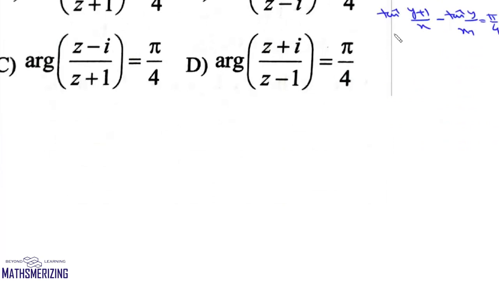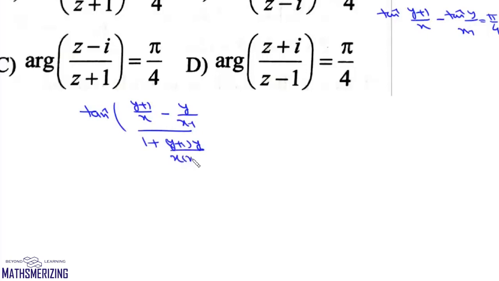Now we'll use tan inverse A minus tan inverse B. We can write tan inverse of [(y plus 1) upon x minus y upon (x minus 1)] upon [1 plus (y plus 1) y upon x into (x minus 1)], and it is pi by 4. Now we'll take tan inverse to the right hand side.